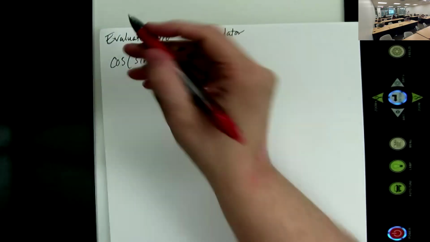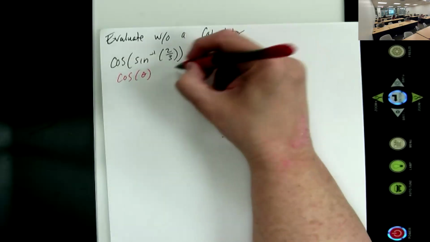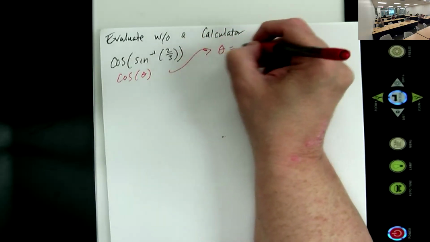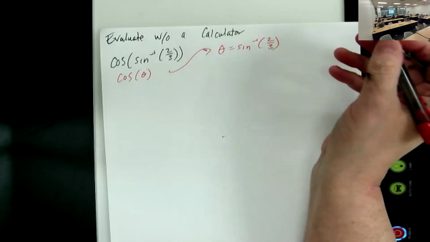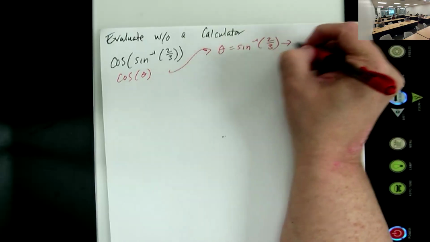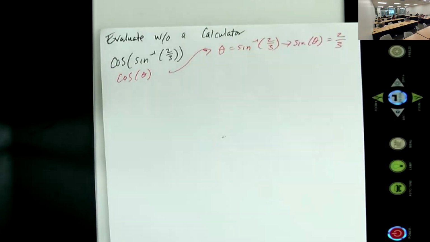A way to think about this is that this is cosine theta, which means theta equals sine inverse of 2/3, which means sine theta equals 2/3.